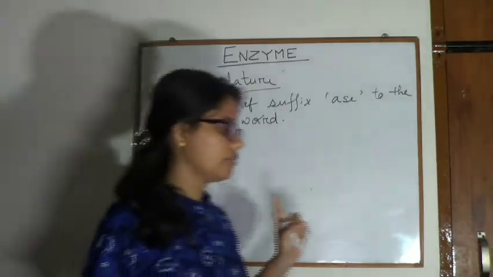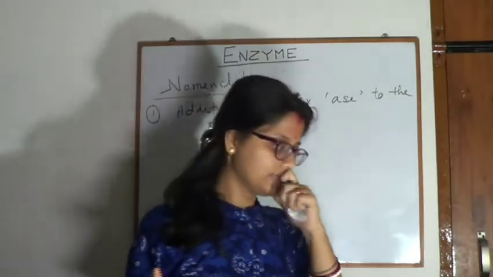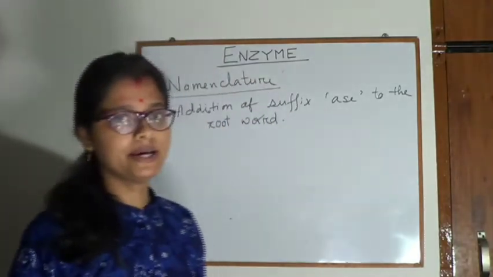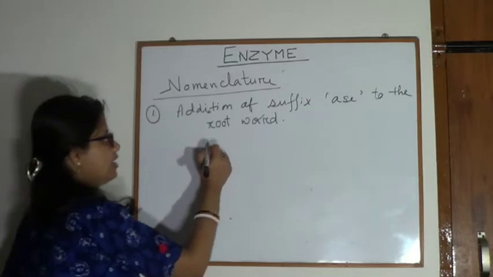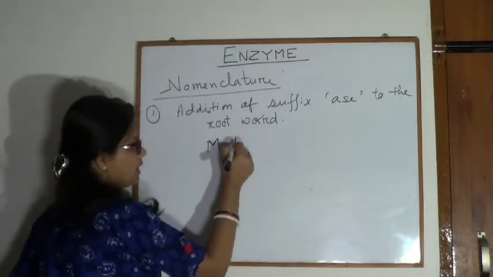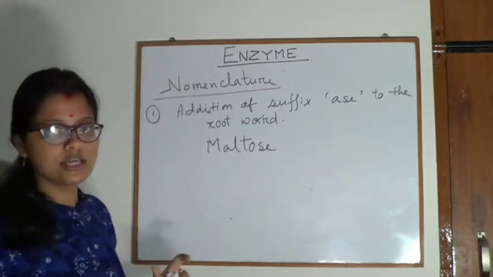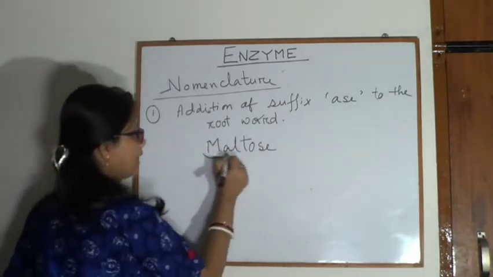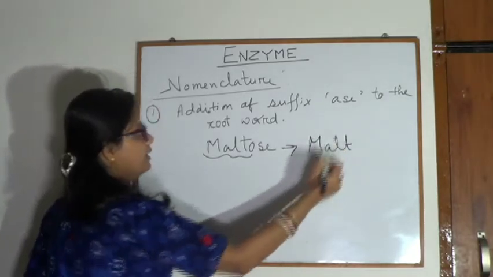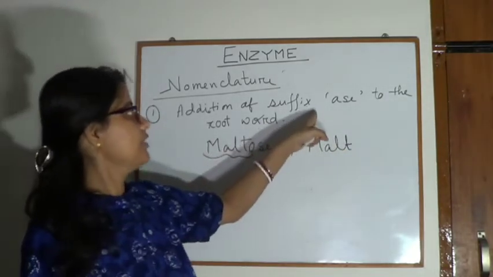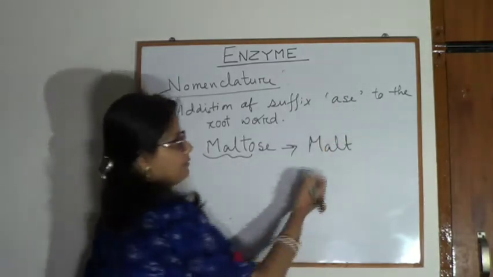This is one of the oldest rules. According to this rule, if the substrate is maltose, then the root word is malt, and the suffix should be -ase. The rule was like that.